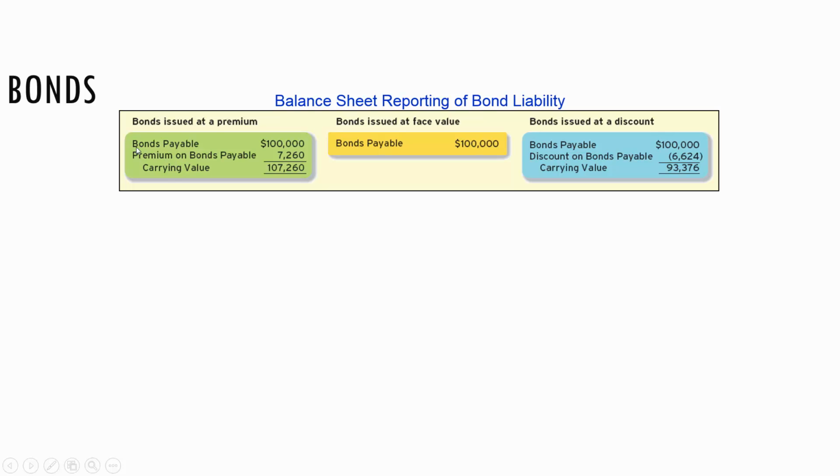We call a combination of bonds payable and premium, or bonds payable and discount, because this particular bond cannot have both a premium and a discount. It's going to be one or the other, or maybe none in the case of it being sold at its face value. Well, this is called carrying value.